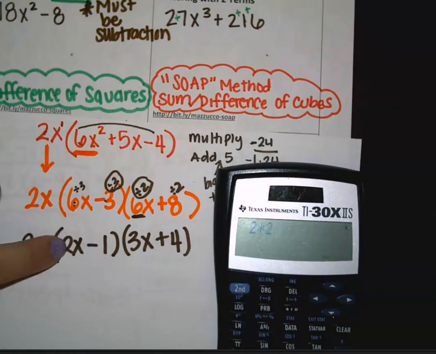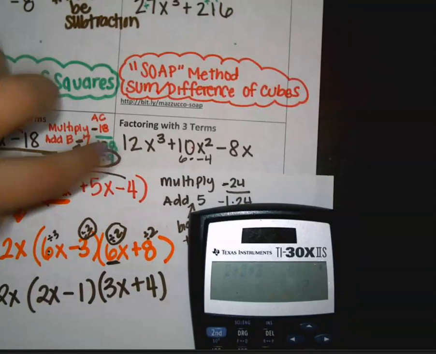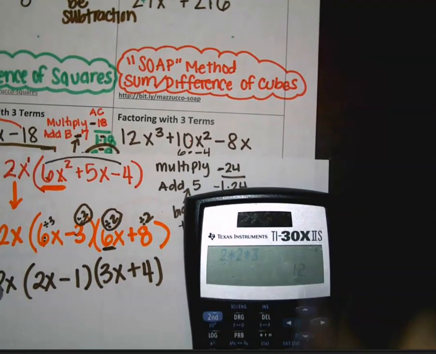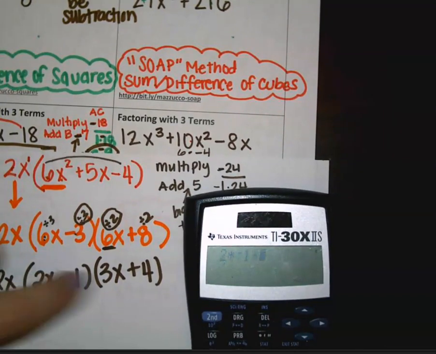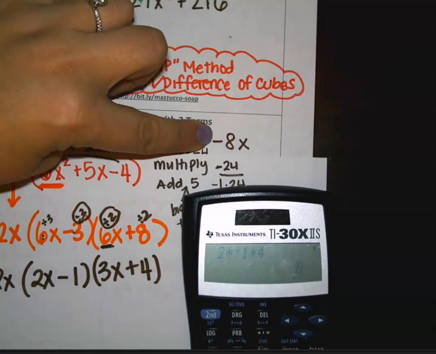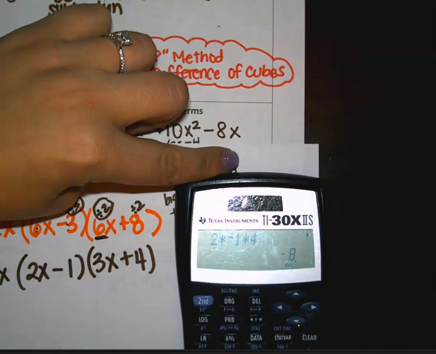So this 2 and this 3. And check to make sure that you get this first number here, which was 12. Then you do it again, and then you check the last numbers in the parentheses and make sure it matches the last number here. That doesn't mean I'm right, but it makes me feel good that I'm on the right track.